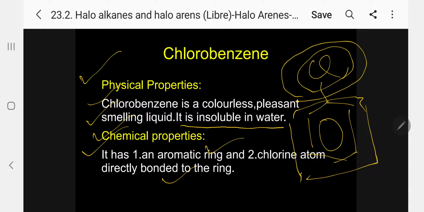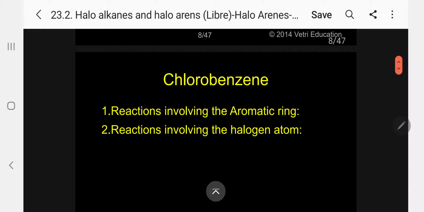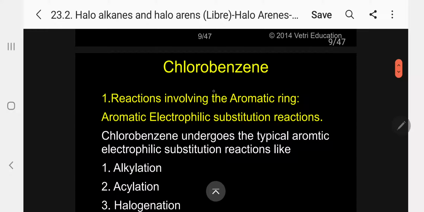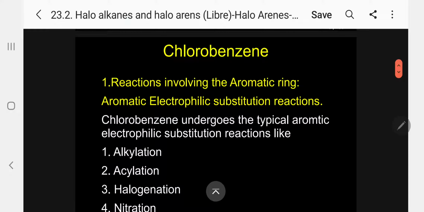Kindly follow, this is the way it is. So based on this, I can classify the reactions into two types. Reactions involving the aromatic ring is one type. Another type, reactions involving the halogen atom. Please follow. So first let me take reactions involving the aromatic ring.